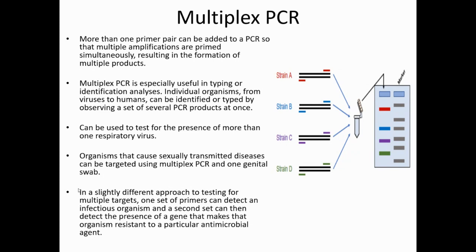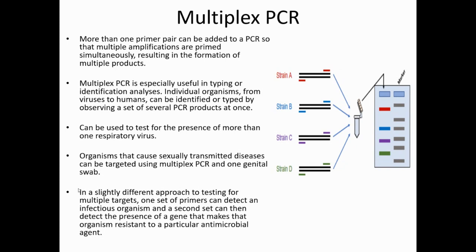The primers used in the multiplex reaction must be selected carefully to have similar annealing temperatures and must not be complementary to each other. The amplicon size should be different enough to form distinct bands when visualized by gel electrophoresis.